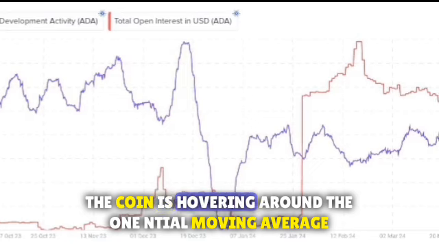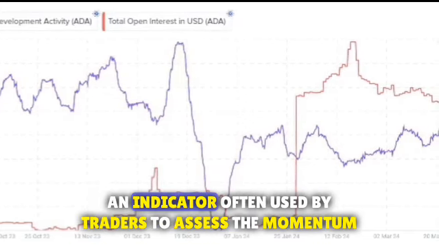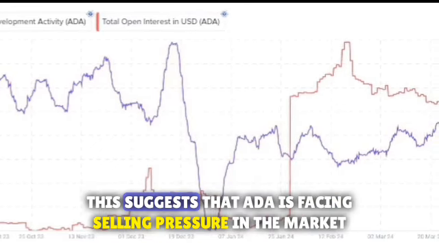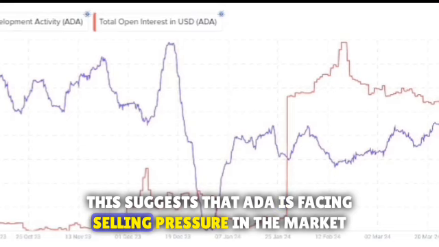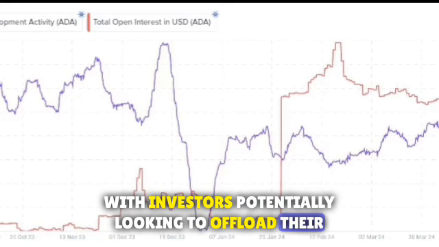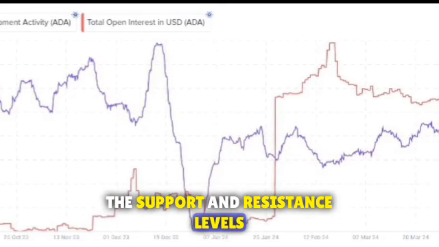The coin is hovering around the 100-day exponential moving average, an indicator often used by traders to assess the momentum of an asset. This suggests that ADA is facing selling pressure in the market, with investors potentially looking to offload their holdings.